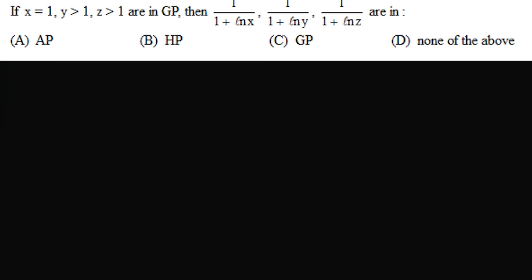Now in this question it is given that x, y, z are in GP, and here it should be x is greater than 1 and not x equal to 1. So x, y, z are in GP, and we know that if x, y, z are in GP, then log x, log y, and log z will be in AP.